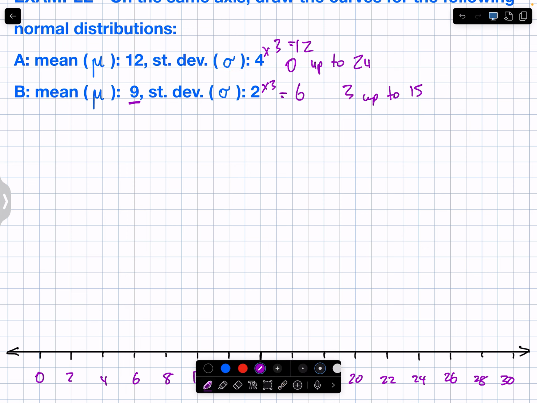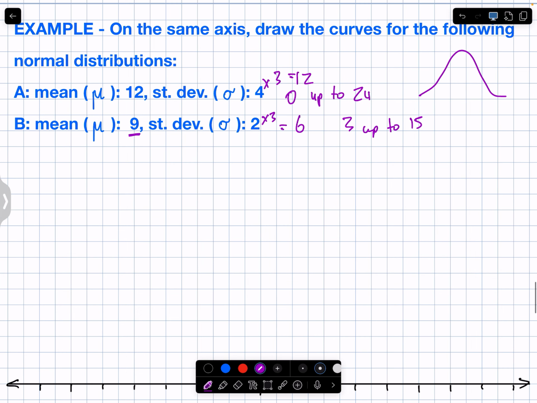So I'll just do a quick sketch of this one. If the middle of this is 12, and we're going to go 3 standard deviations above that, what's 3 lots of 4? 12. So it's going to finish around 24. And 3 standard deviations below the 12 is 0.